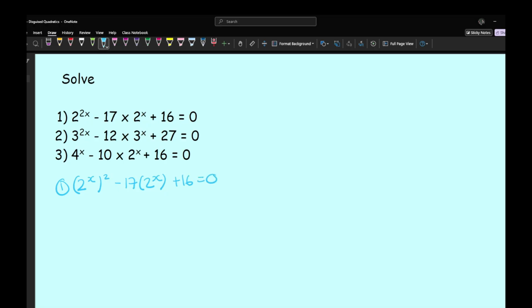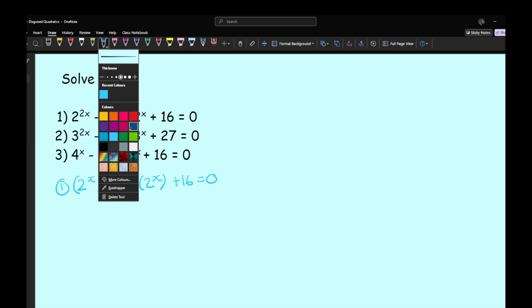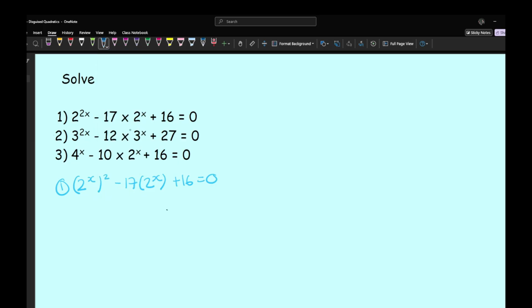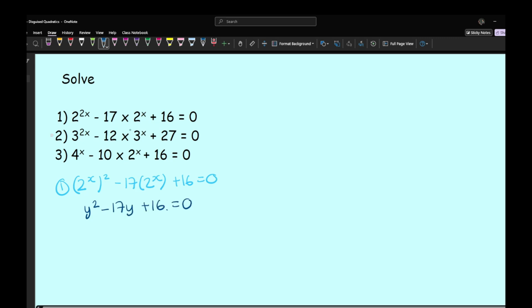Now, to make it a little easier to see, I can rewrite this as y squared minus 17y plus 16 equals 0. Then I can use my calculator to solve that, in which I end up with a y value of 16 or 1.